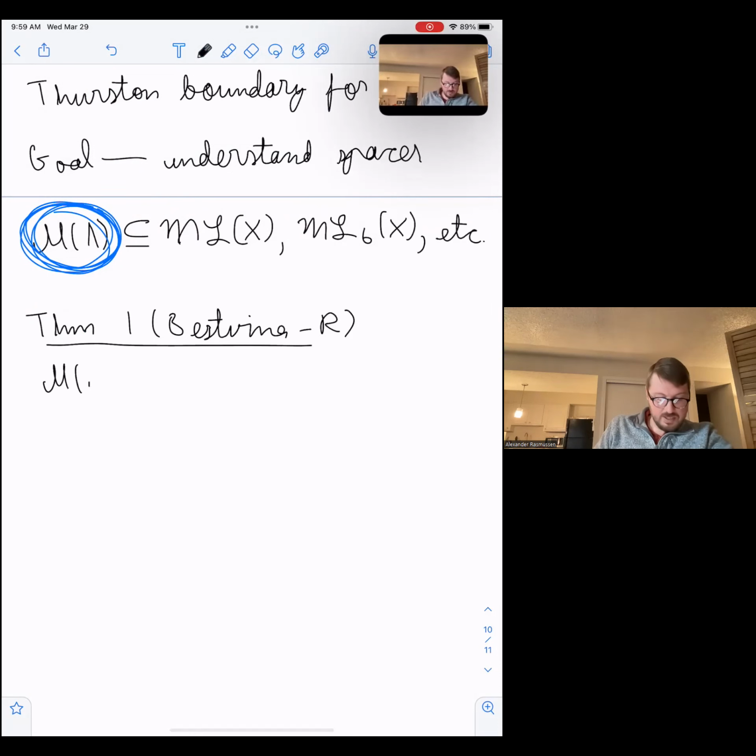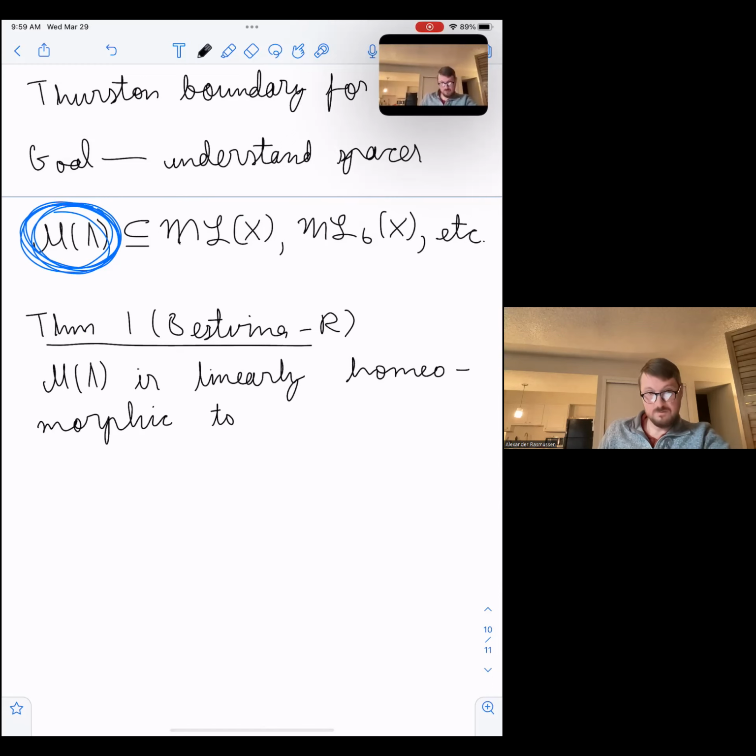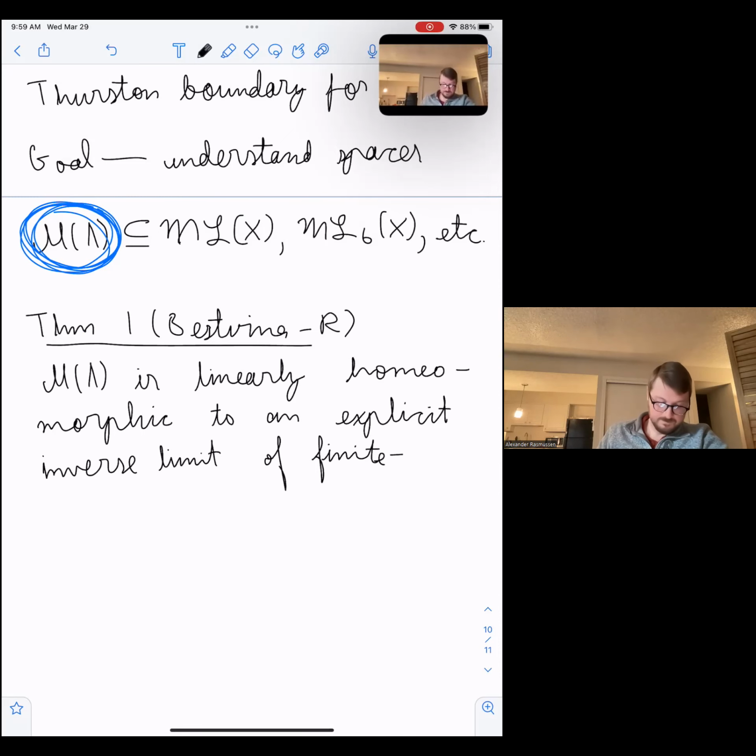So what do these cones of transverse measures look like? M of lambda is linearly homeomorphic to an explicit inverse limit of finite dimensional cones.